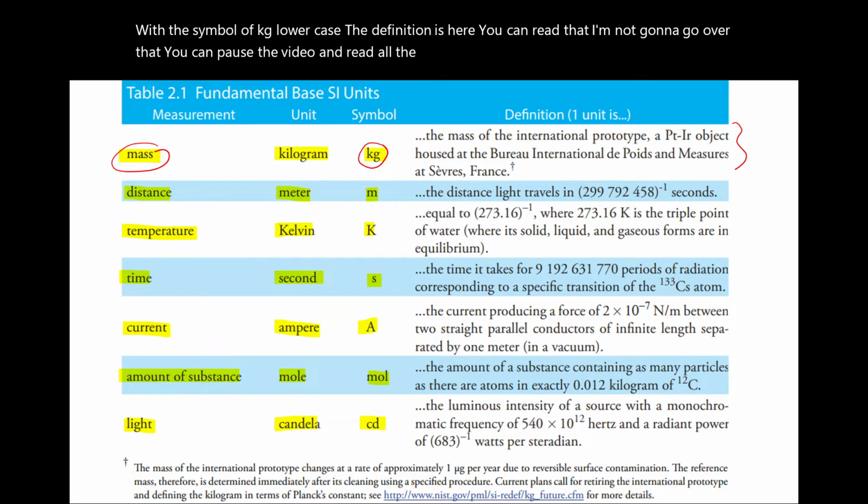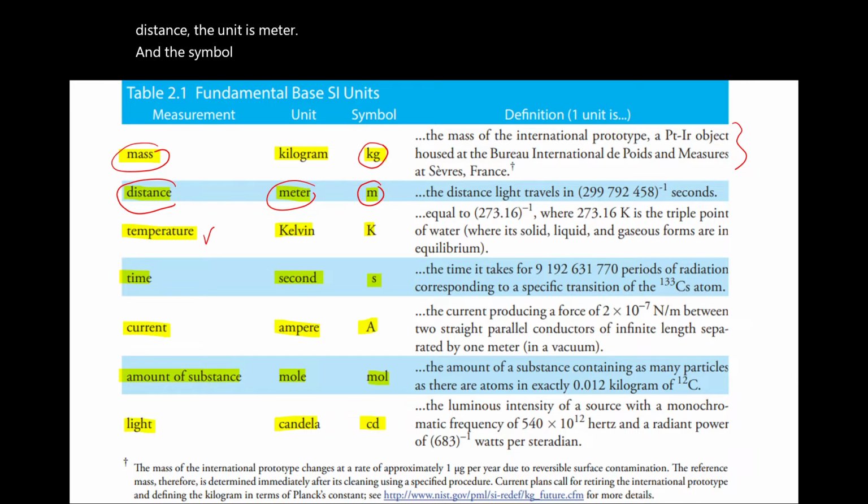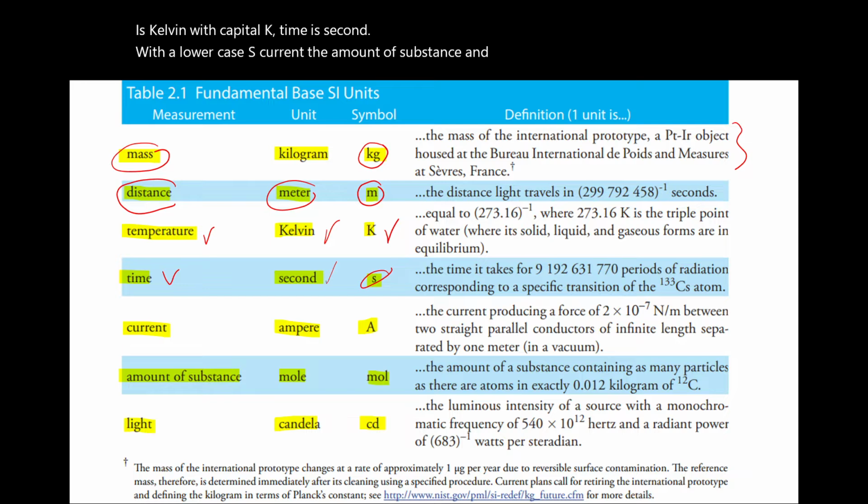The second fundamental unit measurement is distance. The unit is meter, and the symbol is m. The temperature is Kelvin with capital K. Time is second with lowercase s. Current, the amount of substance, and light. These are the 7 base units.